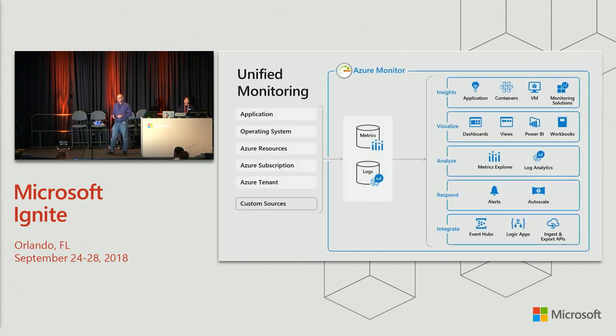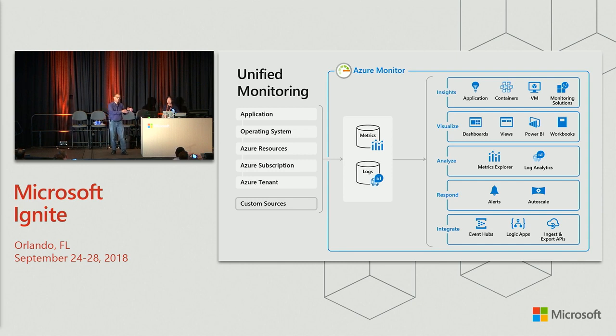When I talk about unified monitoring in Azure Monitor, on the left-hand side you can think about all these telemetry sources. You have applications that are putting in custom telemetry or telemetry that comes out of the box. You have operating system or platform-generated telemetry. These could be coming from on-premises systems or systems running in other clouds too.